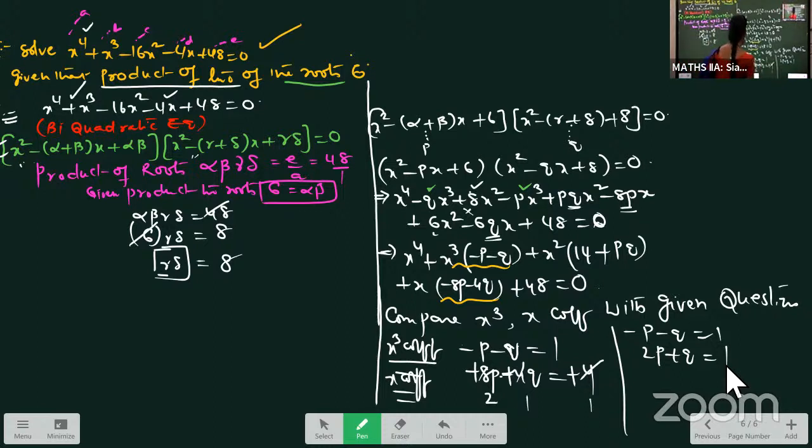Minus 8p minus 4q is equal to the x coefficient, 4. The x cube coefficient: minus p minus q is equal to 1. Correct, you know? It should be 6q, yes. Thank you. See, my small mistake is here.